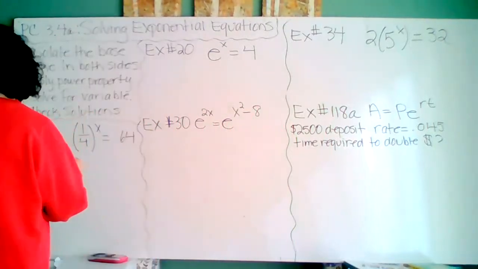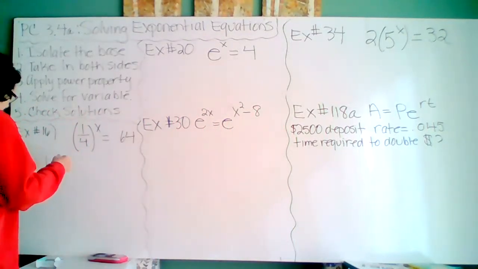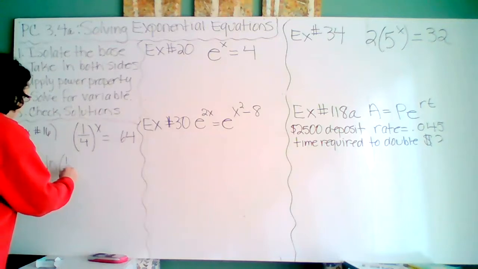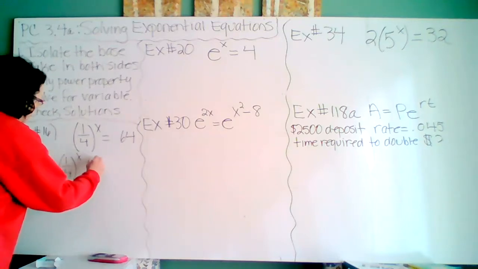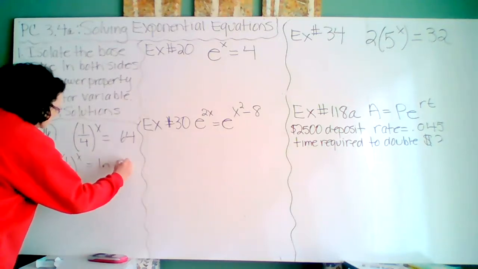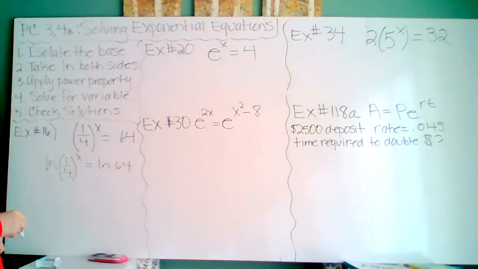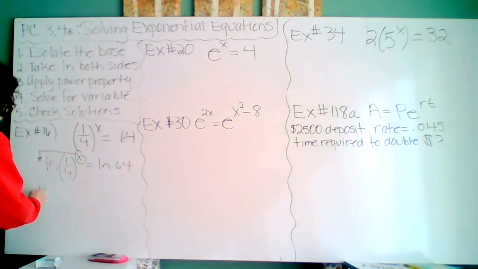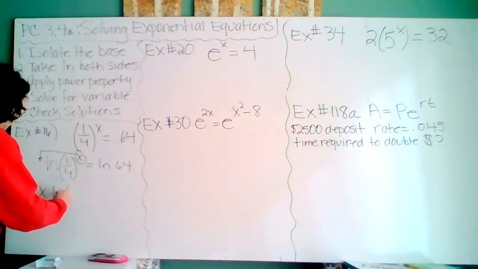I'm going to take the natural log of both sides. This allows me, because I have a logarithm, to use the power property. I'm going to bring the x out front and multiply it by the natural log of 1/4.